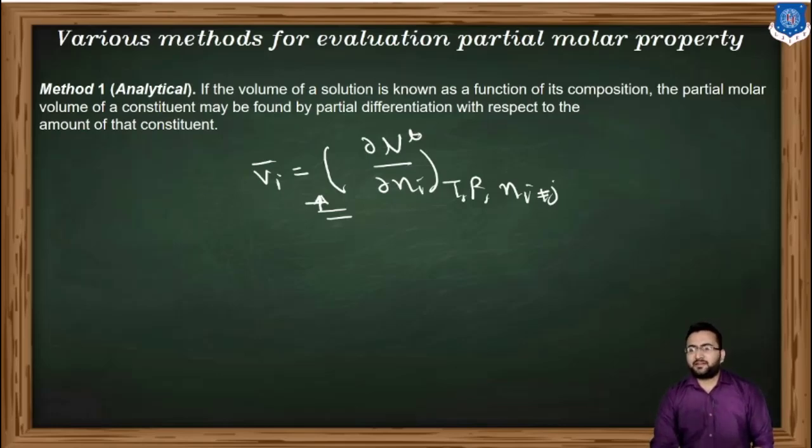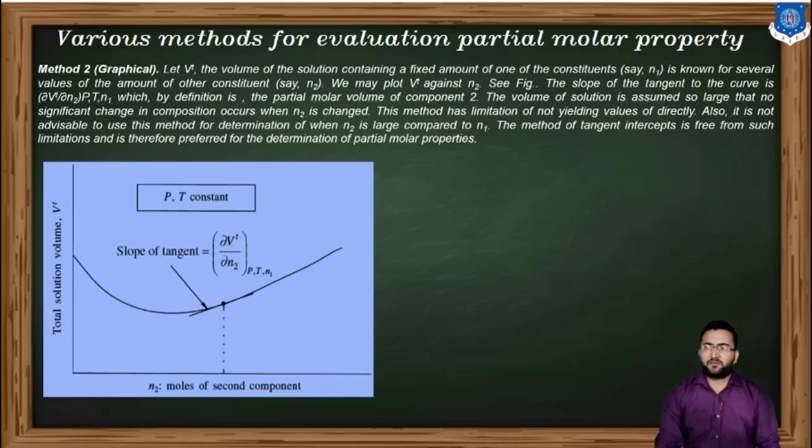Now let's discuss the second method, which is a graphical method. Let Vt be the total volume of a solution containing a fixed amount of one of the constituents, say component N1, known for several values of the amount of the other component, say N2. We plot total volume against N2, which gives this figure.